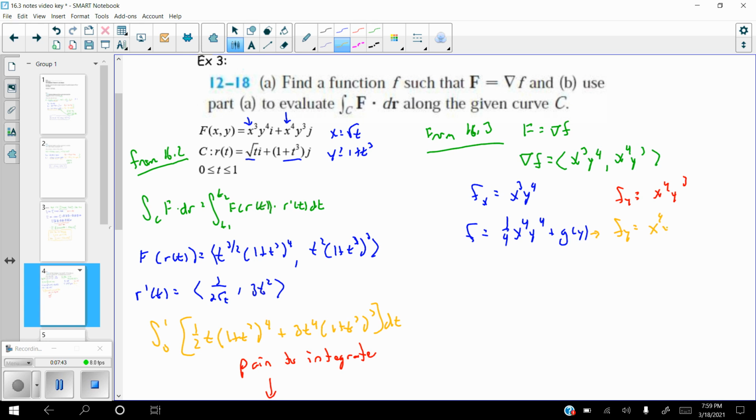So x to the fourth y cubed plus the derivative of g of y is g prime of y. Once again, you should see that these two things are equivalent, and the x to the fourth y cubed match up, so that means that g prime of y is 0, because there's nothing left over for me to match it up with, which means the antiderivative, so g of y, is going to be some constant k.